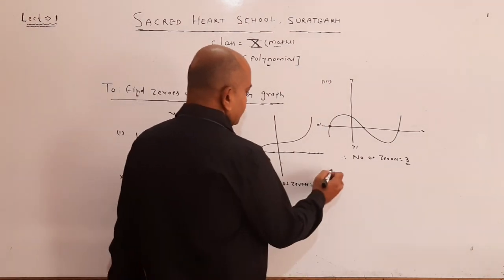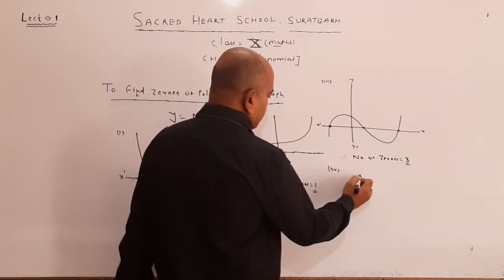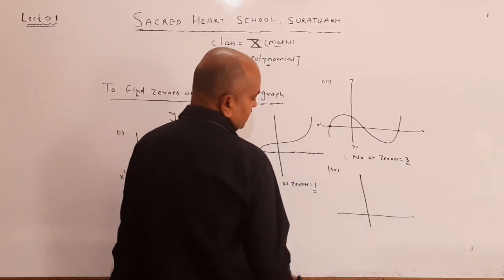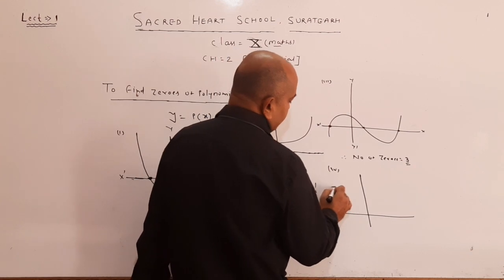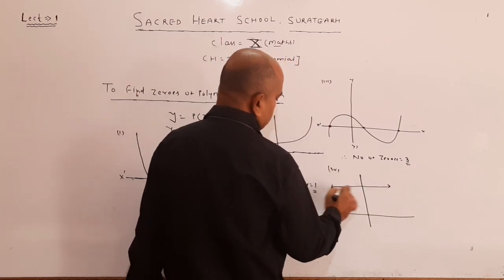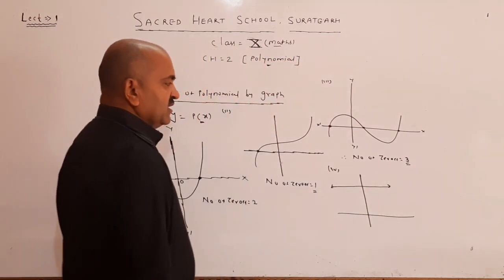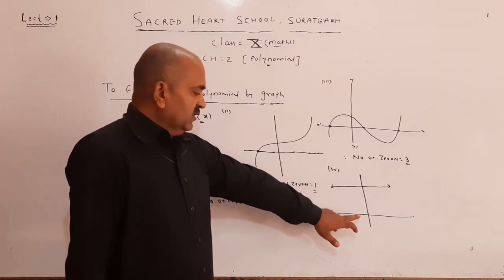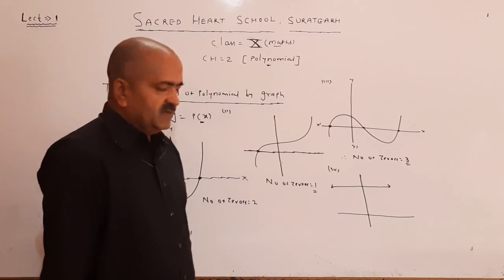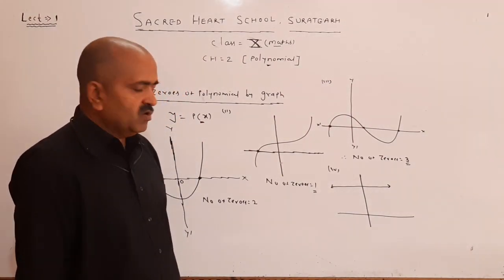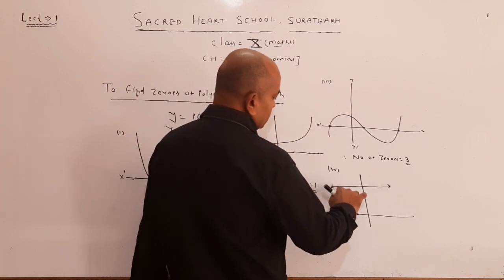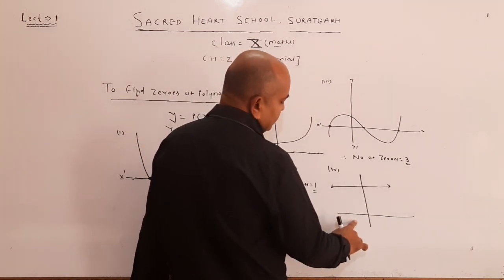And the fourth example, suppose the graph given is of this type. Does this graph intersect the x-axis? No. So how many zeros? 0, because this graph does not intersect the x-axis.